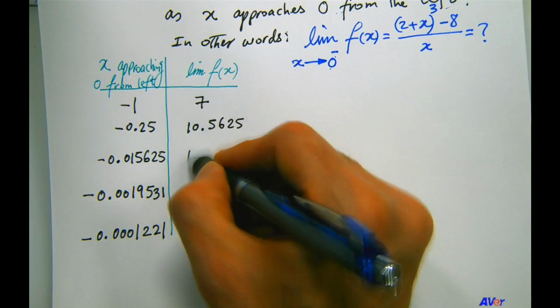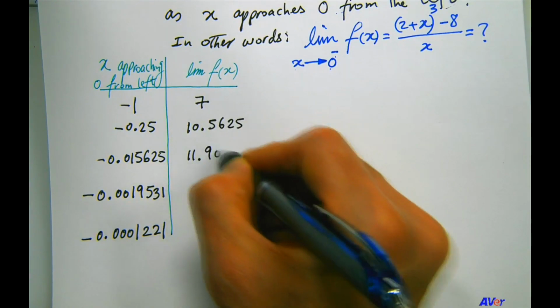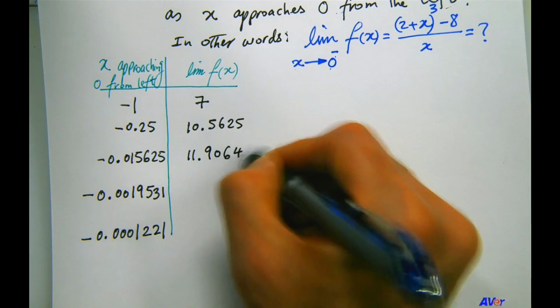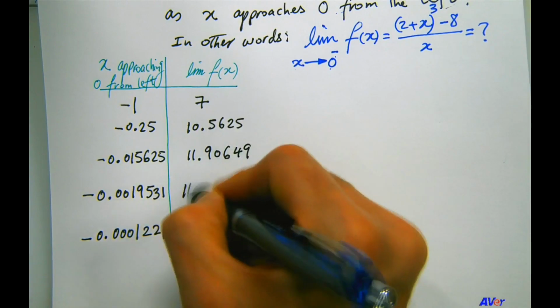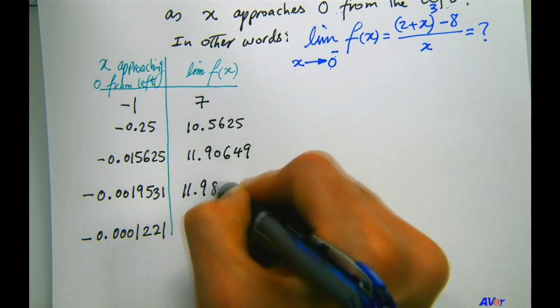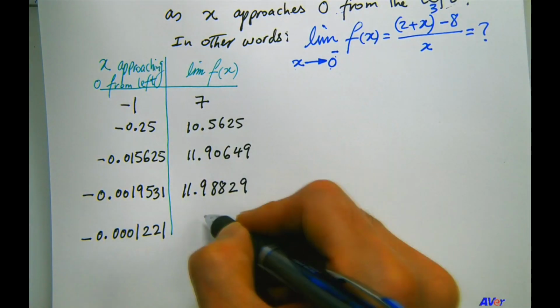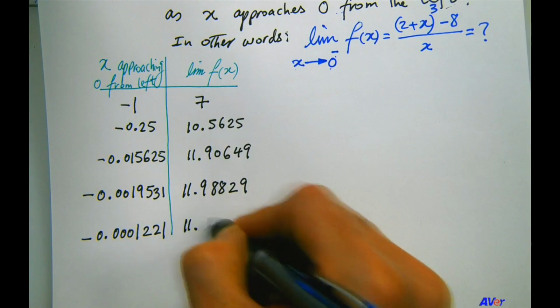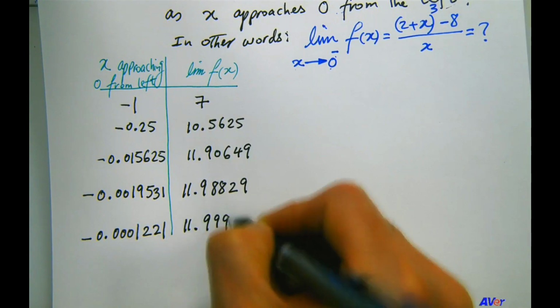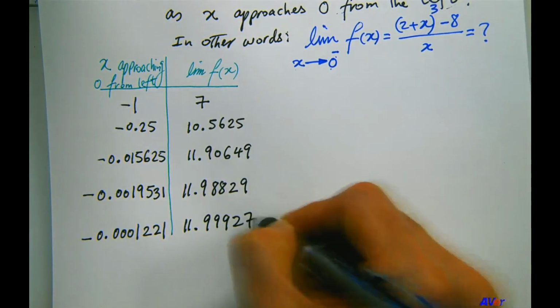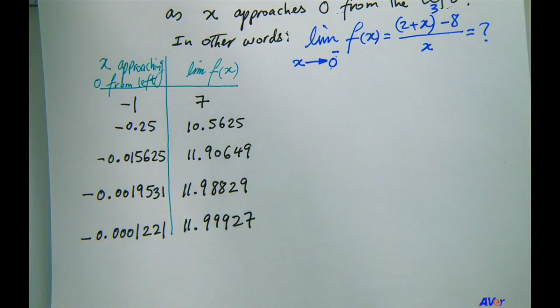Then 11.90649, 11.98829, 11.99927. So take a look at these values for the limit of a function.